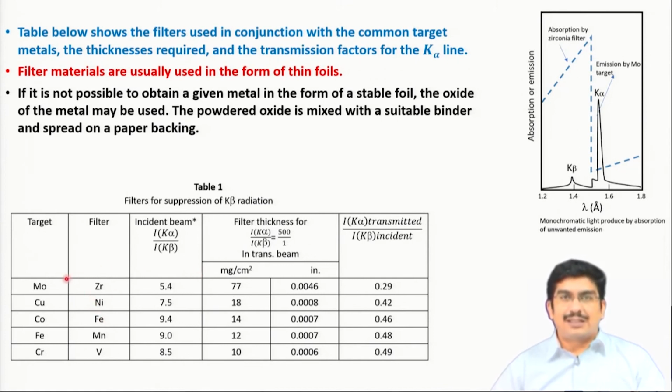Now, you can see the efficiency of this filtering material. Again, we will take the copper nickel example. The incident beam has an intensity of K alpha versus intensity of K beta of around 7.5.